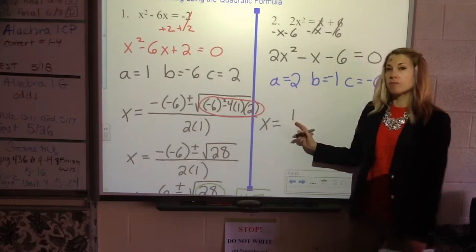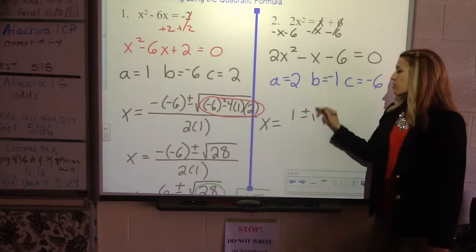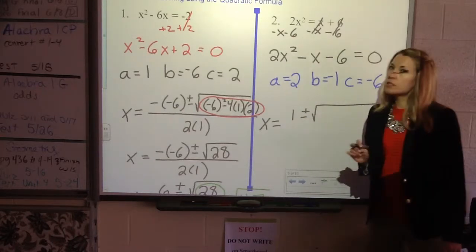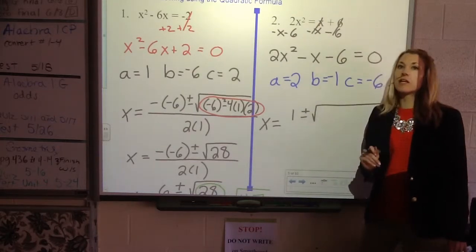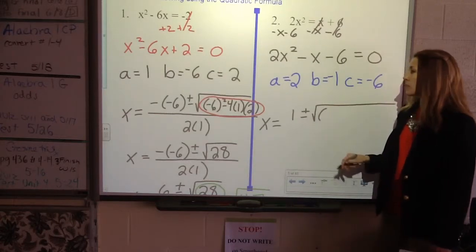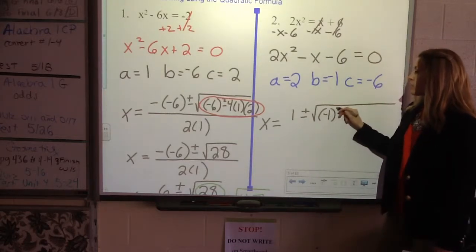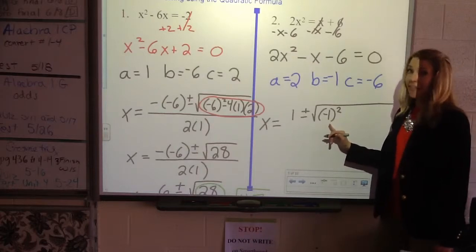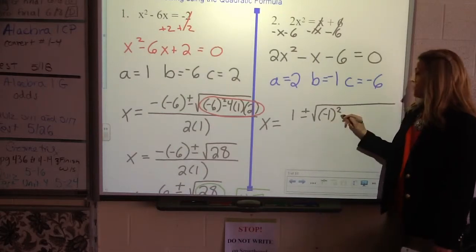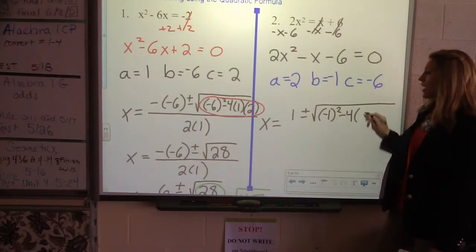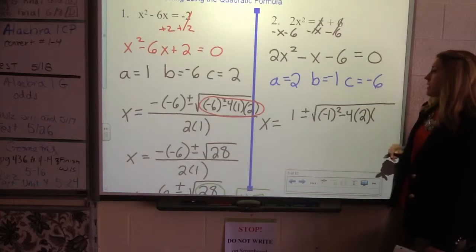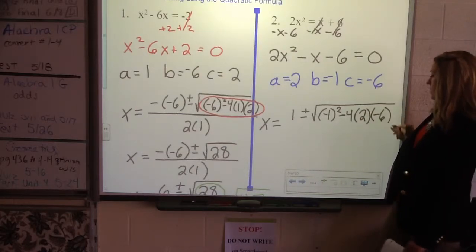So that's -b. Plus or minus the square root. This part I always just plug in like normal with parentheses. Regular b squared, those parentheses have to be there. -4 times your a term, which is 2, times your c term, which is -6.